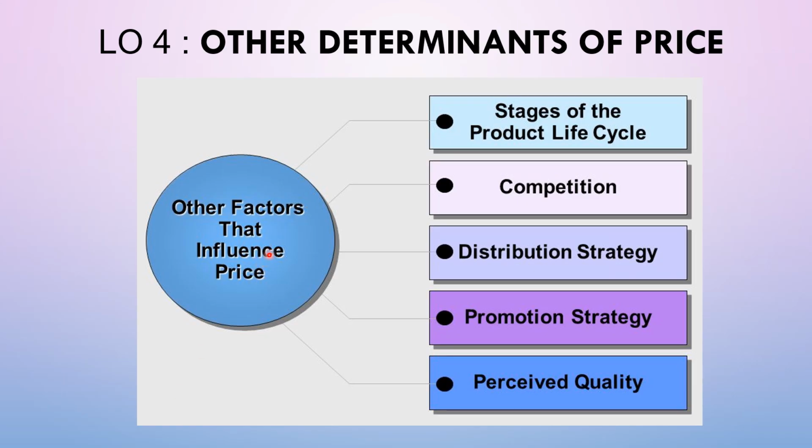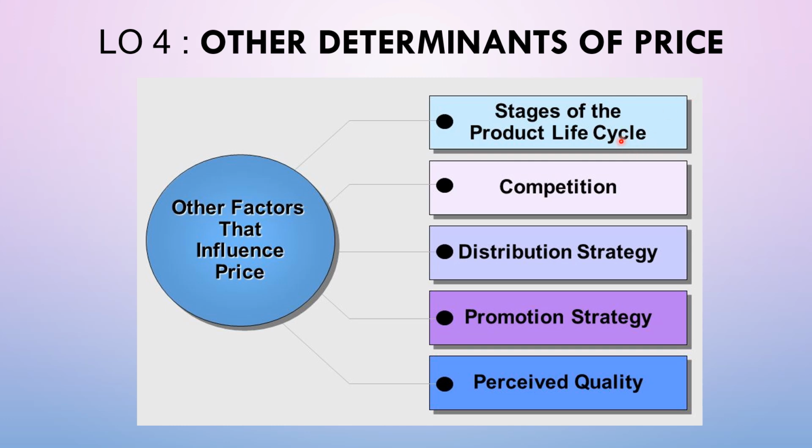The fourth learning objective for this chapter is on the other determinants of price. Now, in setting the prices, there are a lot of other factors that will influence managers to set what price they should put on a product. Number one, we look at the stages of the product life cycle.